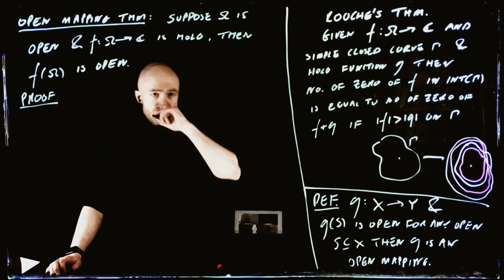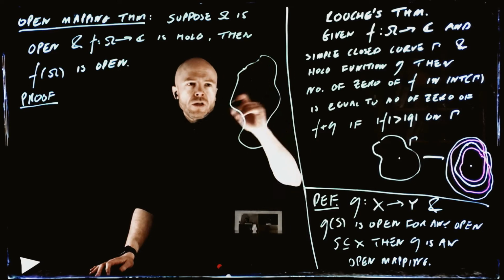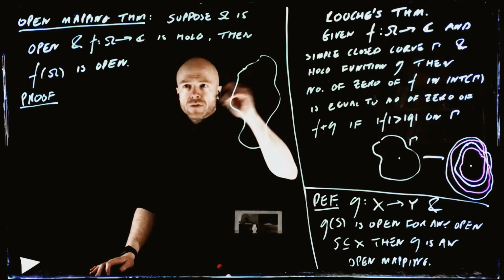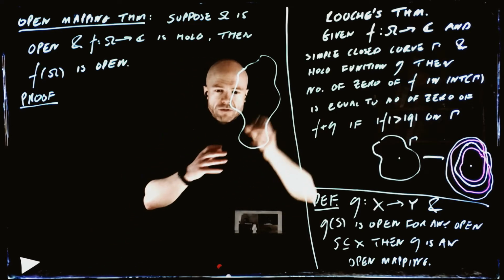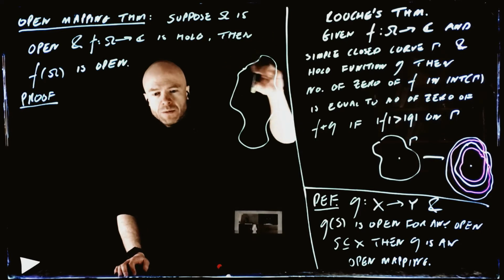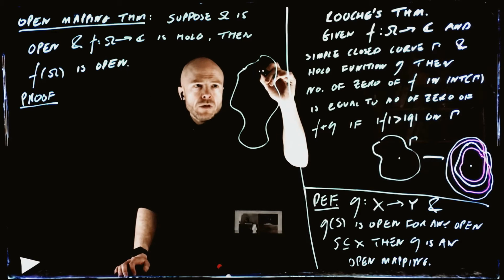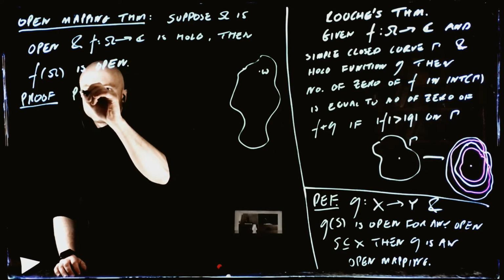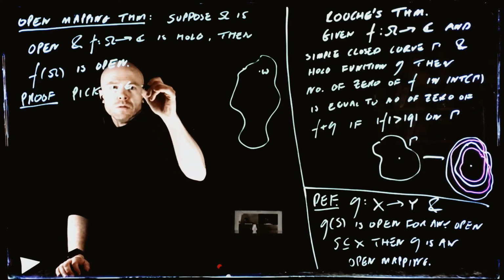All right, so let's draw a picture. We have the image here of f of omega, and the claim that it's open is the claim that whatever point we take inside, we have some little ball around that inside the actual image, right? So let's pick some arbitrary point w belonging to the image.